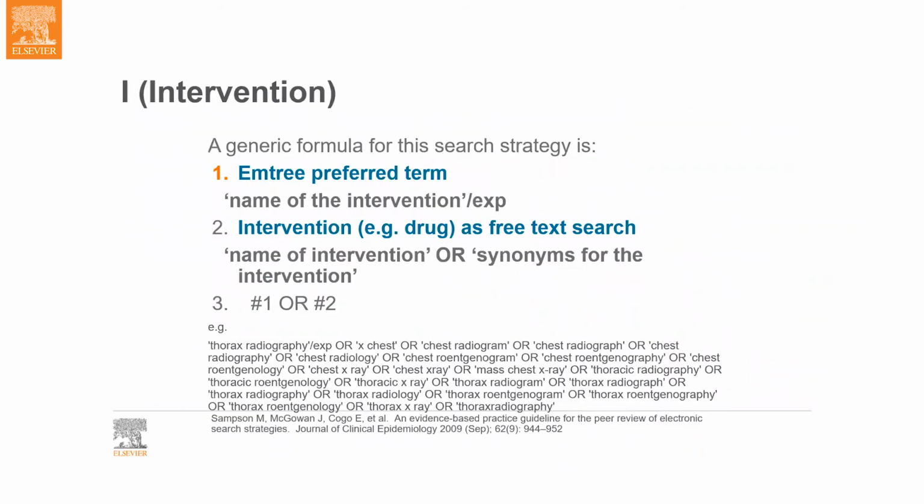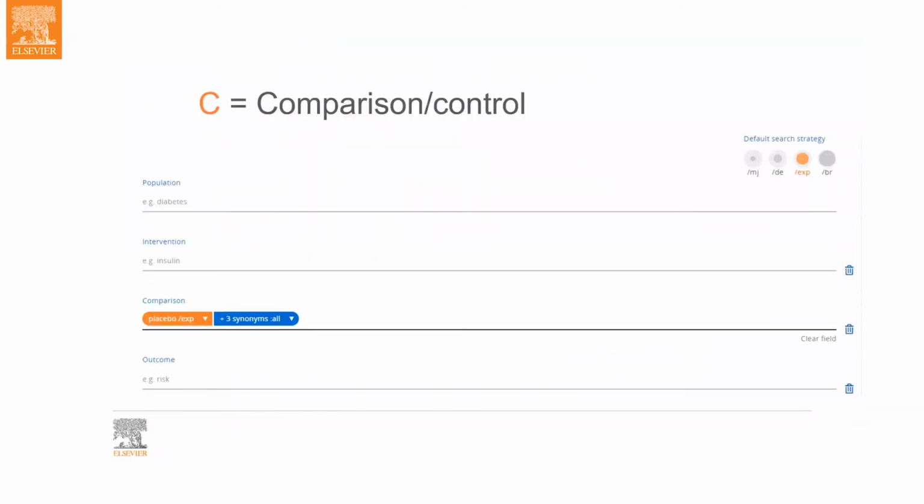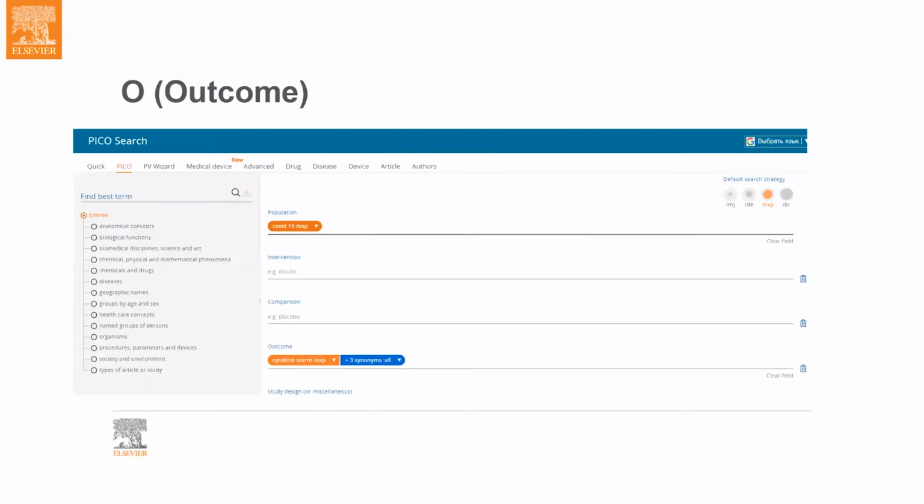It may also include type of intervention and exposure, drug dose or duration, timing, route of administration, and so on. Using this tool, you can compare drugs with each other, or compare them with placebo or control, or effectiveness of a medical device. And it may also include outcomes if needed.